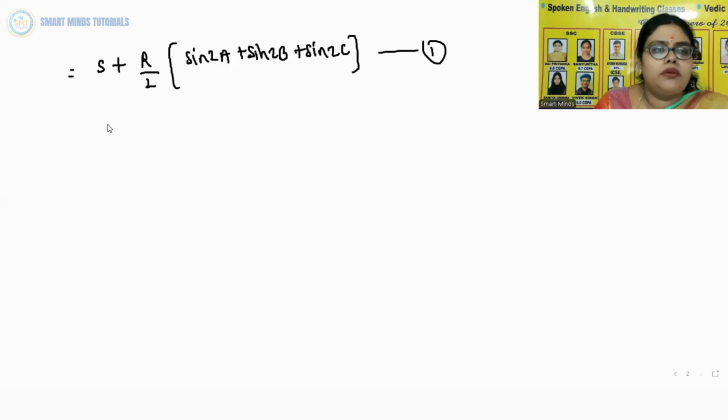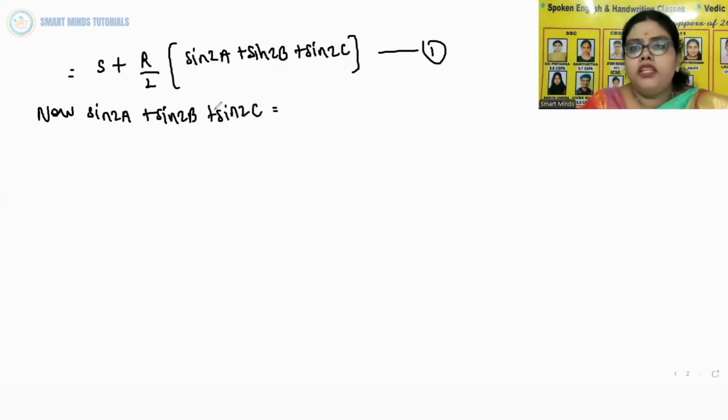Now we will take only sin 2A plus sin 2B plus sin 2C. So now we need to find the value of sin 2A plus sin 2B plus sin 2C. So let's see how to do that. In these two, we will apply the sin C plus sin D formula.